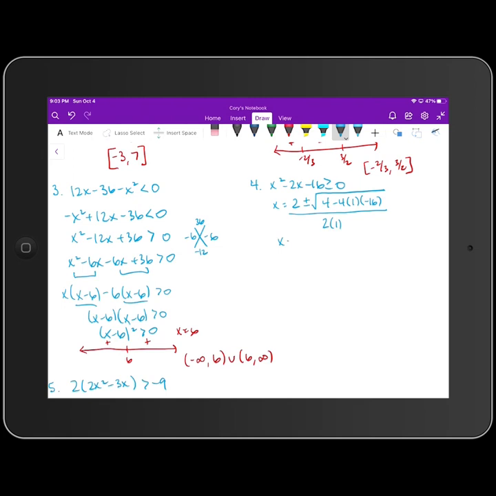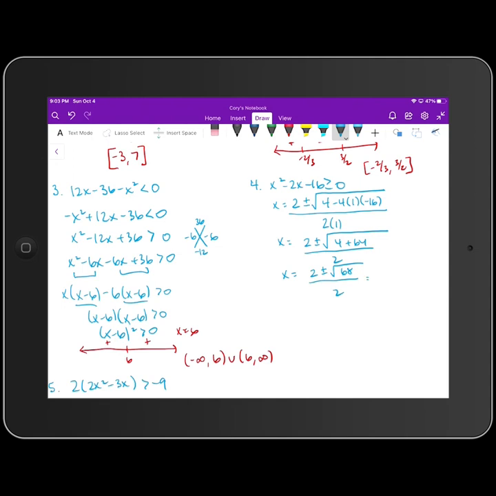So we get x equal to 2 plus or minus the square root of 4. And then -4 times -16 makes +64, all over 2. So we get x here equal to 2 plus or minus rad 68 over 2.